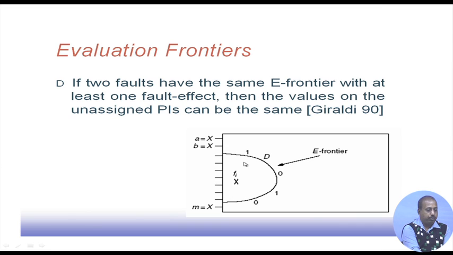Now this D has to be forwarded to some primary output, because of the fault effect. Similarly, these 1s and 0s have to be justified.